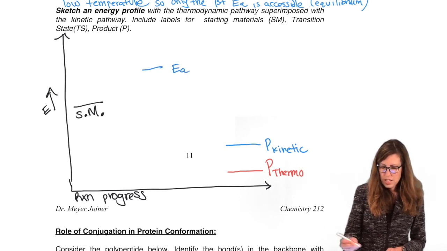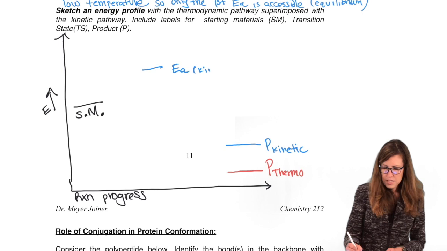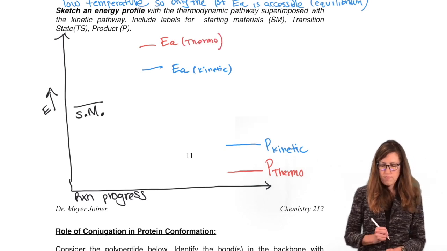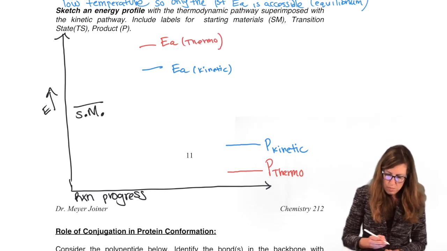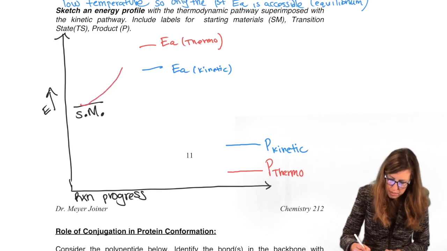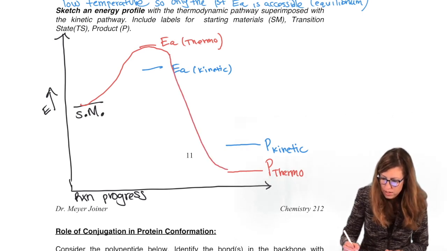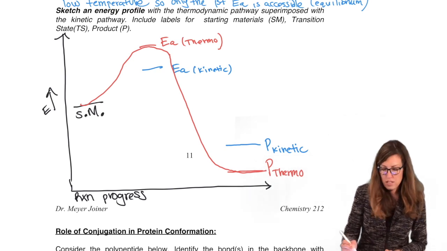So let's call that EA kinetic. And the red one is higher, EA thermo. So let's connect those. I'm going to use red for my thermodynamic path. Goes up higher, higher activation energy, but settles on a more favored product.